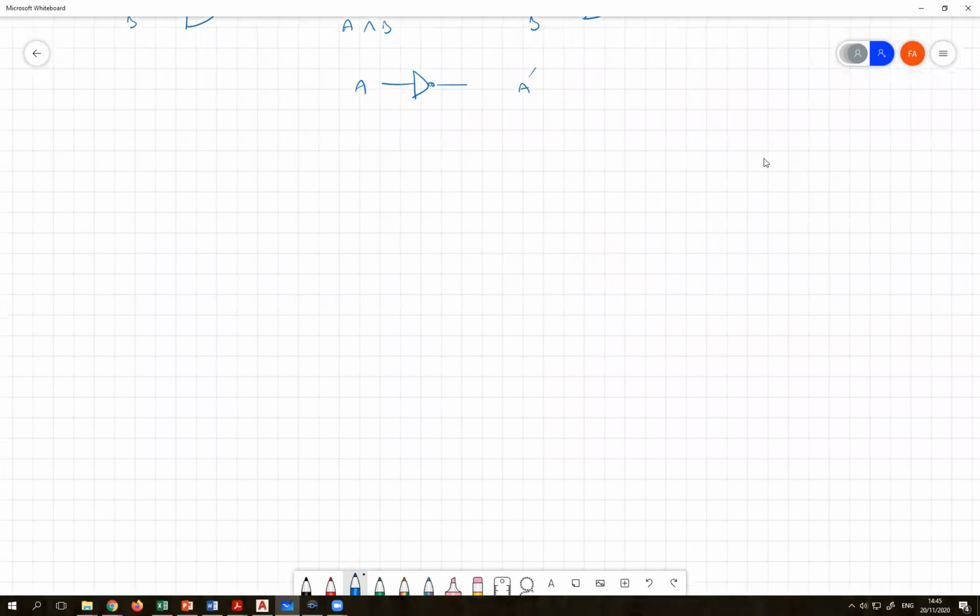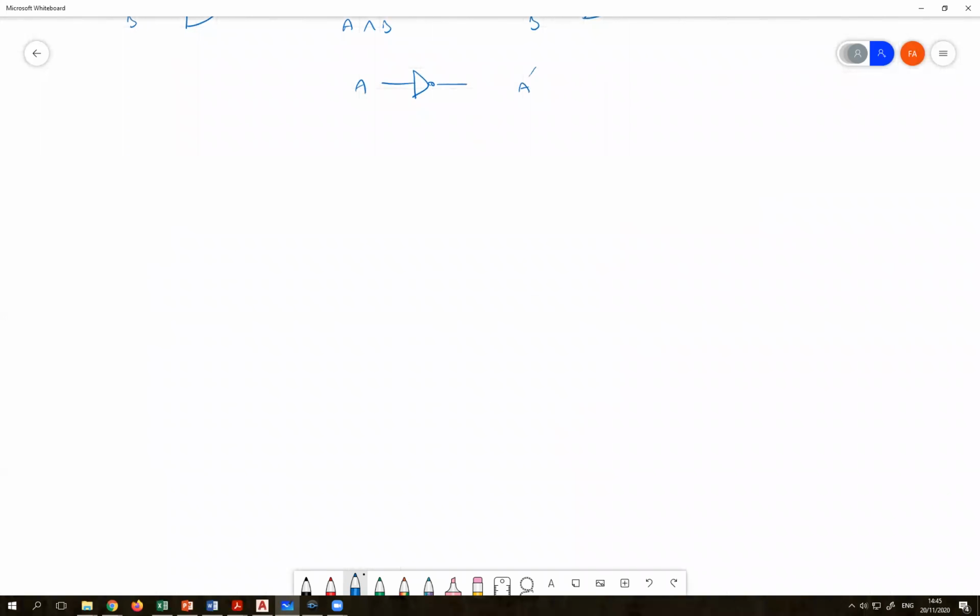Now, what are the rules? We've got a number of rules that I will go through one by one and explain how they work. First of all, we've got the commutative rule. What is commutative? In the commutative rule, we say that A or B is exactly the same as B or A. It means that there is no difference.